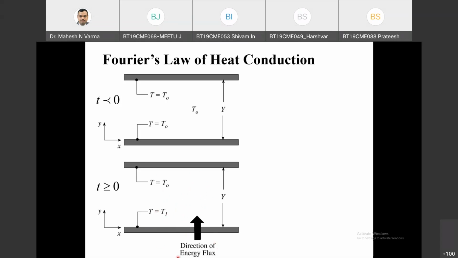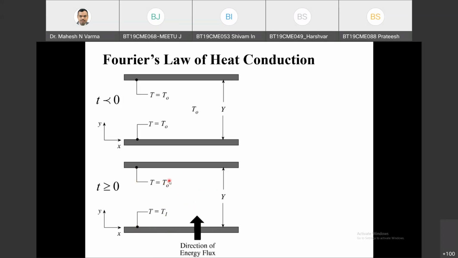So this will be the direction of energy flux. As I told initially, it is very easy to understand the direction of energy flux in conduction. Here I have solid material. If this is kept at temperature T1 and this at temperature T0, and T1 is greater than T0, it is very easy to visualize that heat will flow in this direction.